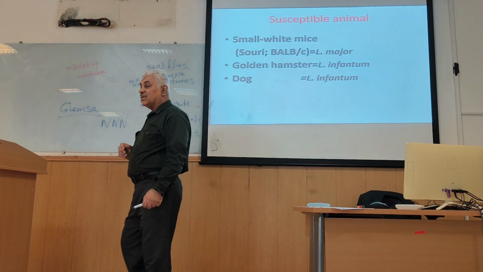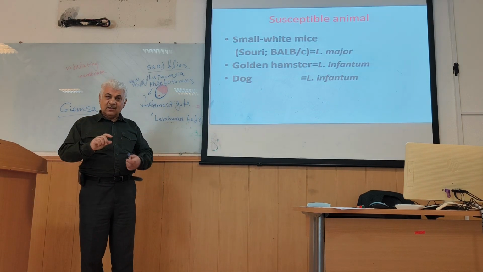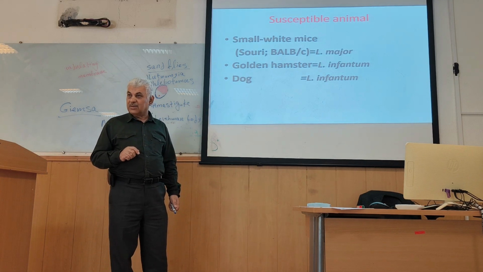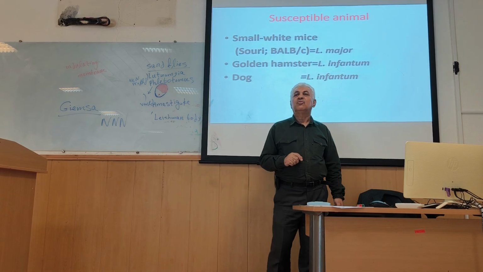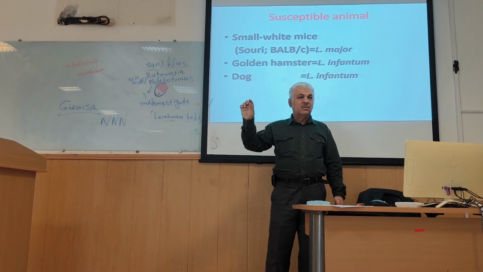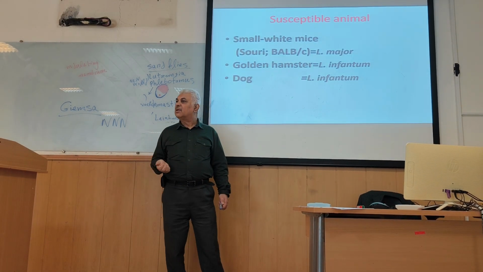We can use these mice and inoculate fluid at the base of the tail, and a lesion appears after 2 or 3 weeks, and we can demonstrate the lesion, and we can isolate the Leishmania major.